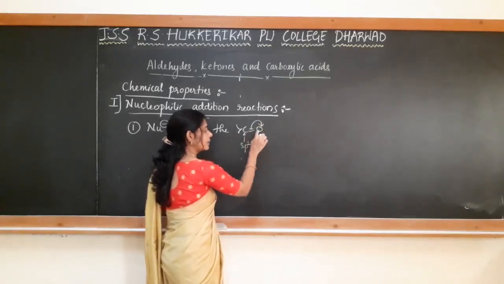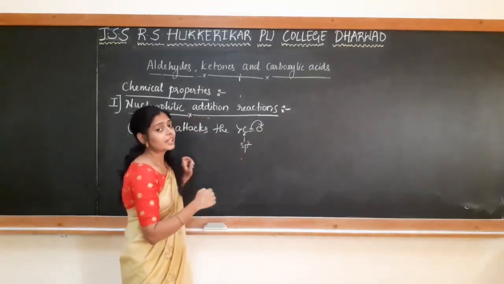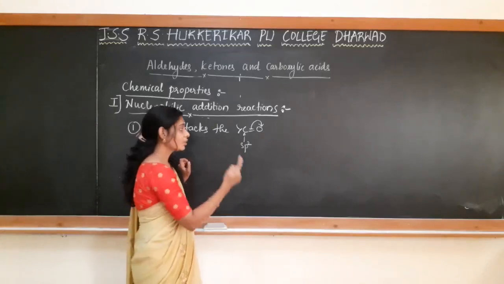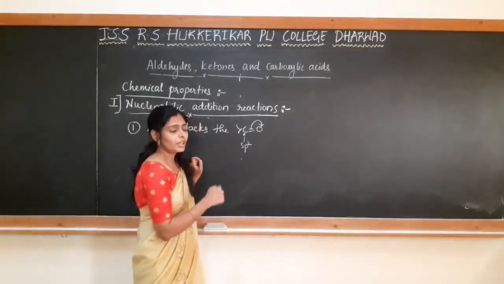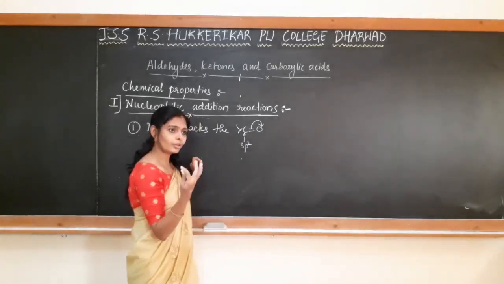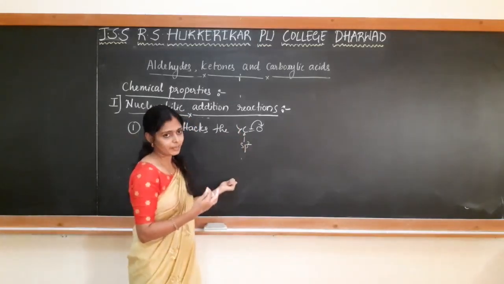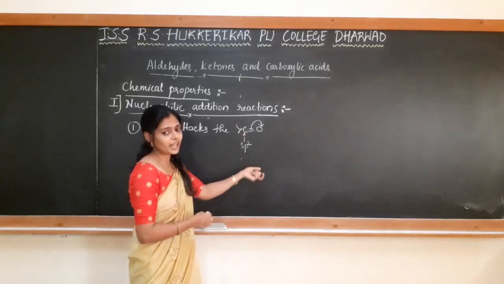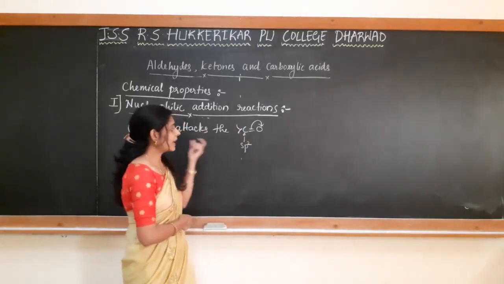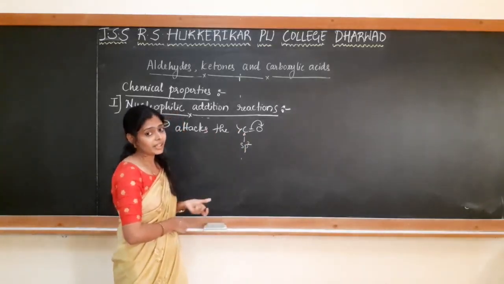So carbon double bond oxygen becomes carbon single bond oxygen, and the nucleophile forms a bond with the carbon. That's why the fourth bond is formed. So it forms the sp3 hybridized carbon. Sp3 hybridized carbon is formed, and that gives the tetrahedral intermediate.